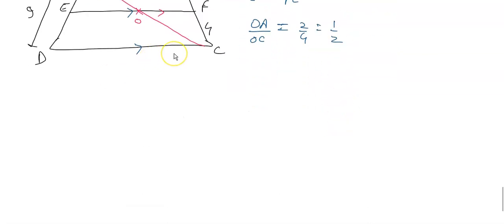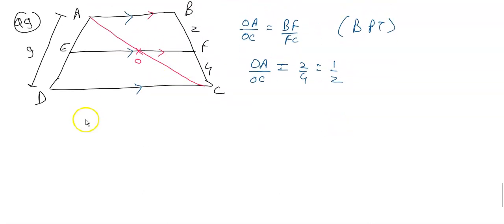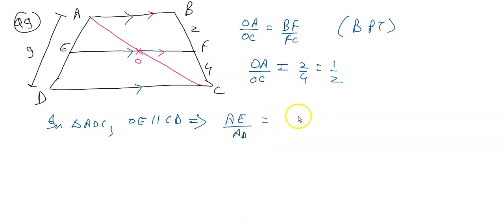Now the same thing we can apply in this triangle, which is triangle ADC. In triangle ADC, we know that OE is parallel to CD, which implies AE upon AD is equal to AO upon AC.